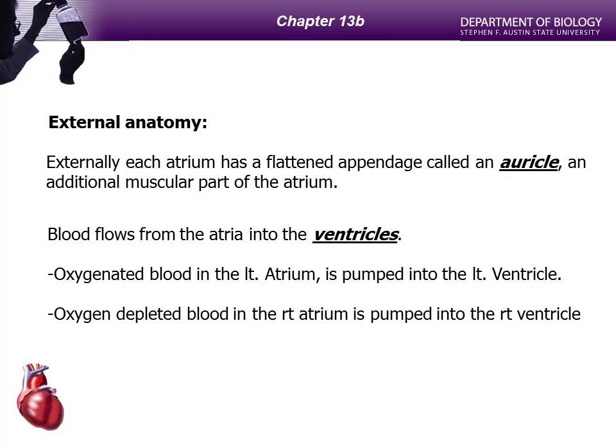And when I say loosely, only about 20% of the blood in the atria is going to be pumped into the ventricles. 80% of the blood that's in the atria is going to get sucked down into the ventricles. And we're going to see how that works as we put all of this into motion in a couple of slides.